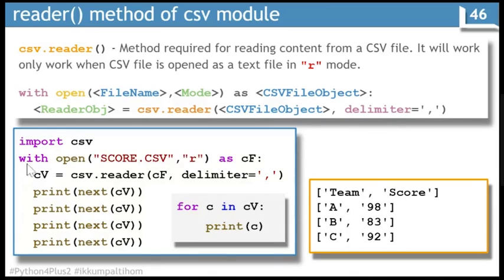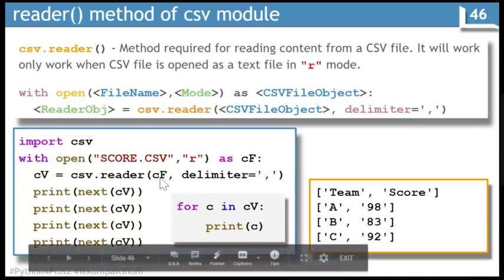So you can look at the example. For making use of csv.reader, you have to import csv. And after this, if you are writing with open score.csv, comma r as cf, cf will become the CSV file object. And if you write csv.reader along with cf, comma delimiter is equal to comma. So if you do not specify the second parameter, then also it will mean the same.